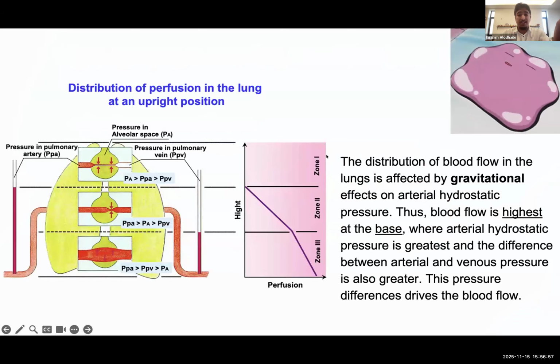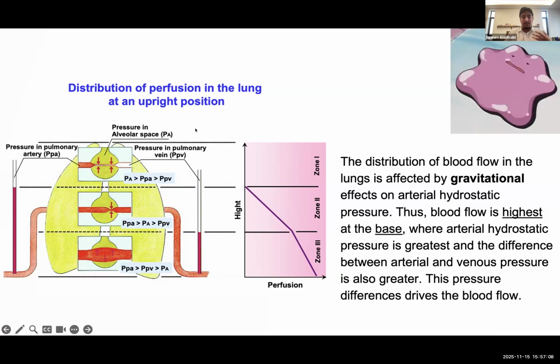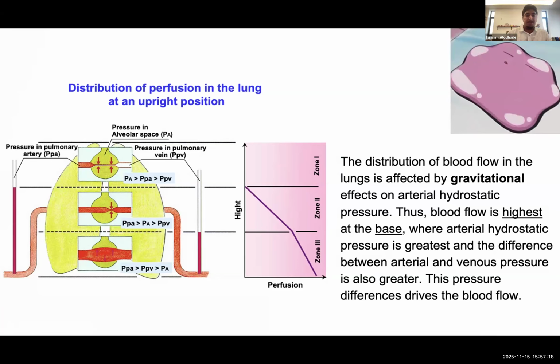So this is again a diagram taken from your lecture of the distribution of perfusion in a lung in an upright position. As I mentioned previously, the distribution of blood flow is affected by gravity. Thus, blood flow is going to be highest at the base of the lung, or as we can see here, zone 3, where the arterial hydrostatic pressure is going to be the greatest, and also the difference between the arterial and venous pressure is the greatest.